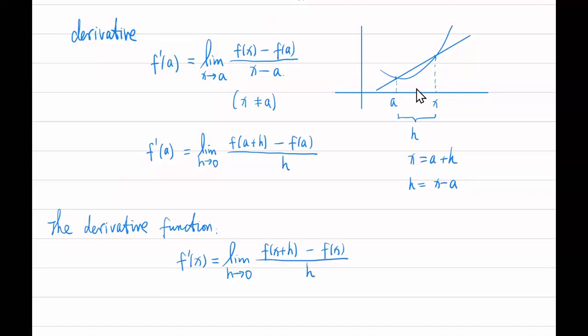Again, in this definition, we emphasize the difference of the values from x to x plus h.